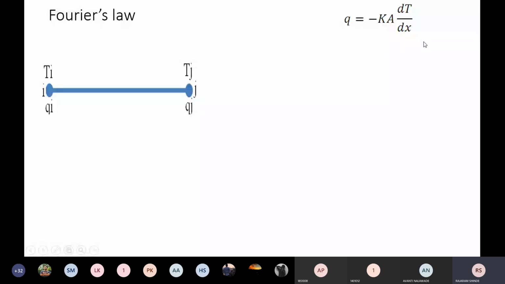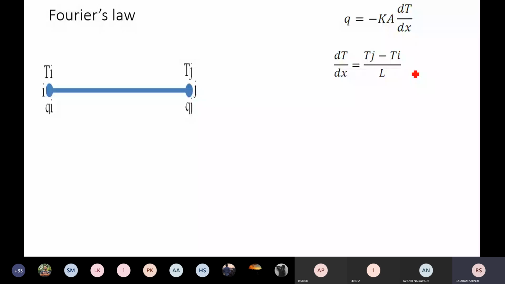Here we will assume the length of the element equal to L, so we can write dT by dx is equal to Tj minus Ti divided by L. Is it correct? Tj minus Ti by L. If I assume L as the length of this element, then temperature at J node minus temperature at I node, divided by length, will give the dT by dx.